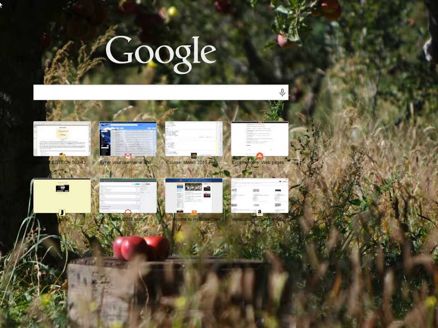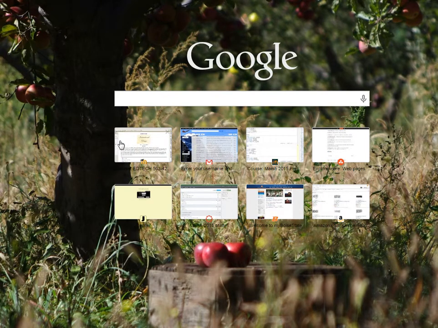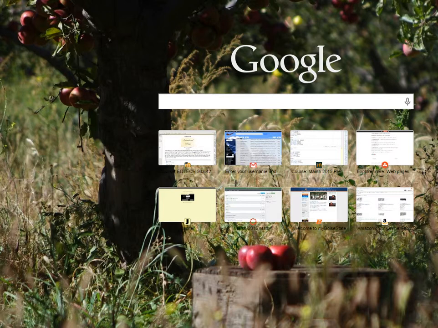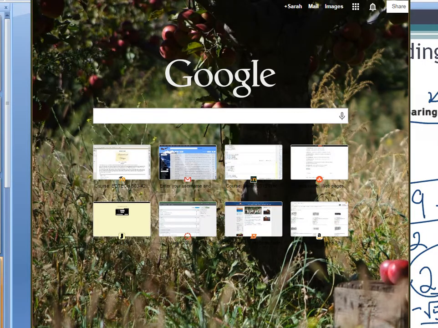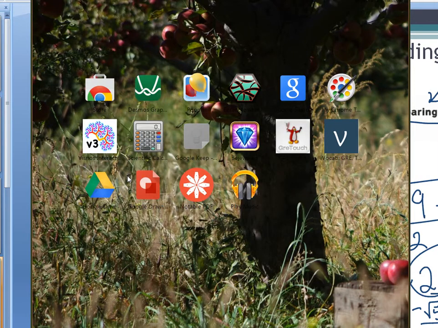Okay, I'm going to try and make my window a little bigger for you guys so that you can see. Okay, so let's open up Desmos or whatever graphing program that you guys have.